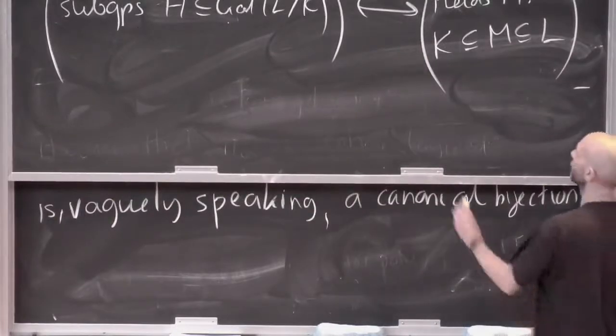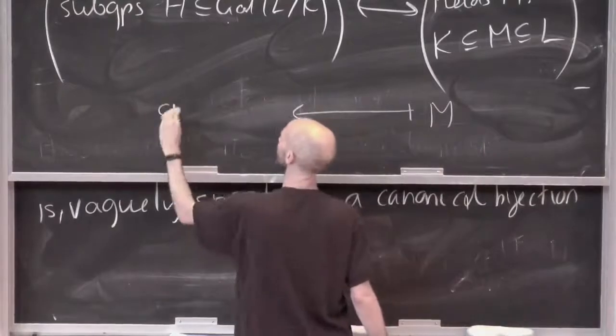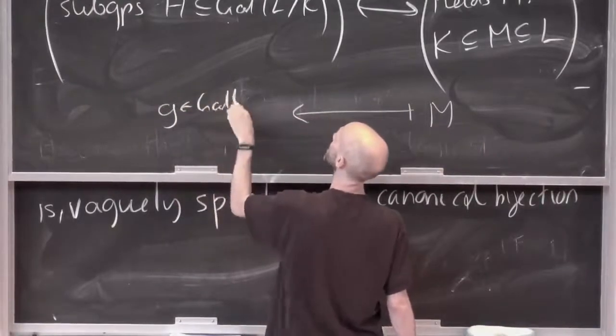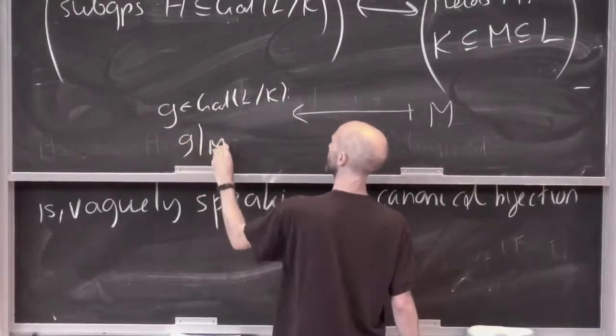M goes to the G in the Galois group such that G restricted to M is the identity.